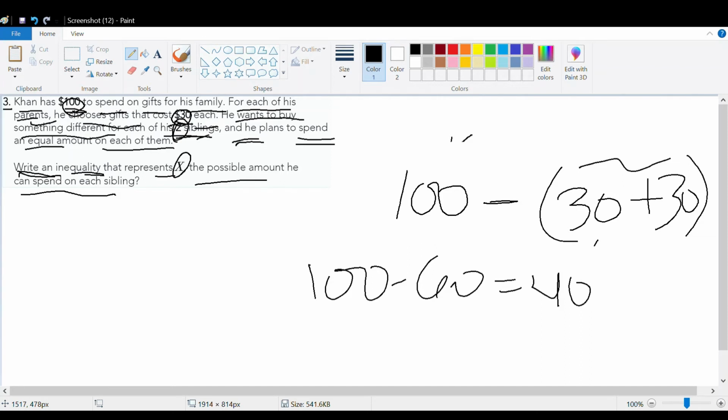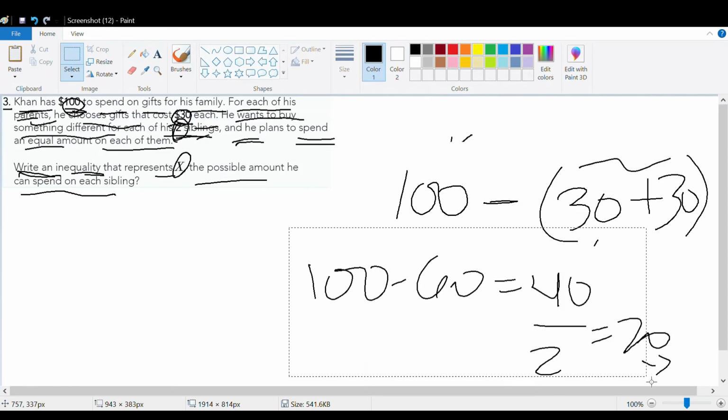And we're supposed to write an inequality. Before we write the inequality sign, let's first see how we can get the two siblings in this inequality. If we divide 40 by 2, it gives us 20. That means $20 is the amount of money that Khan is able to spend on each of his siblings.